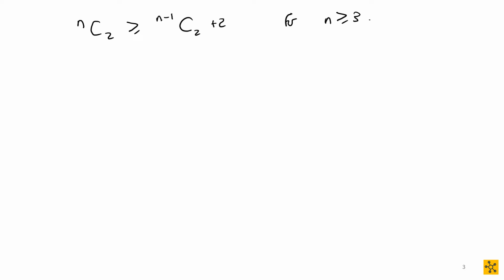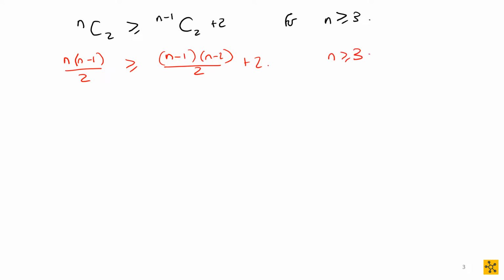Now, just a reminder of what this is actually saying. It is saying that n(n minus 1) upon 2 is greater than or equal to (n minus 1)(n minus 2) divided by 2 plus 2, for n greater than or equal to 3.